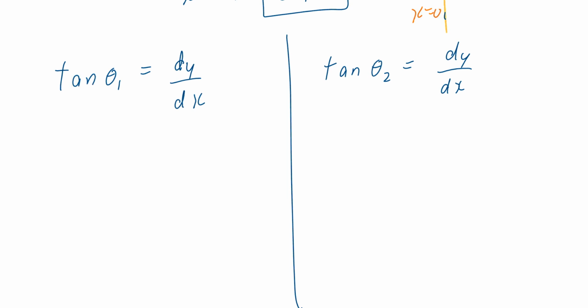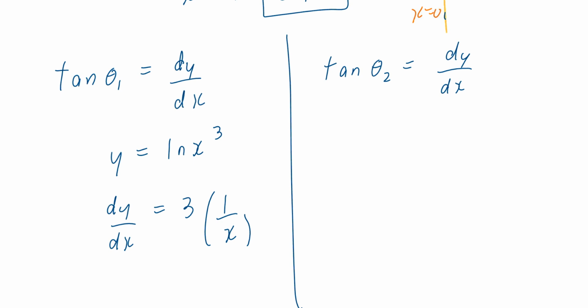And again, the key concept goes as follows. First of all, if you think about y equal to ln of x cubed, this means the derivative dy by dx equals 3 times 1 divided by x.